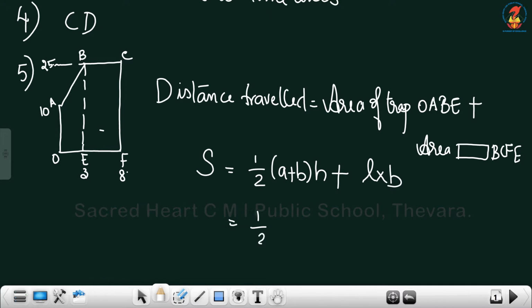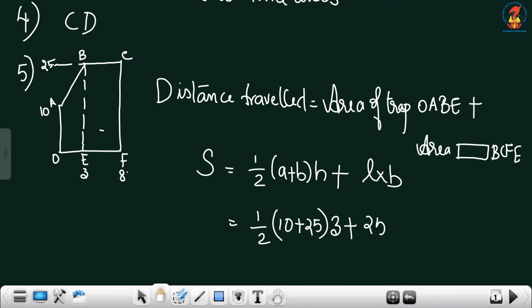That is half into sum of the parallel sides, 10 plus 25, into the distance between them, 3, plus length 25 into breadth 8 minus 3, that is 5.